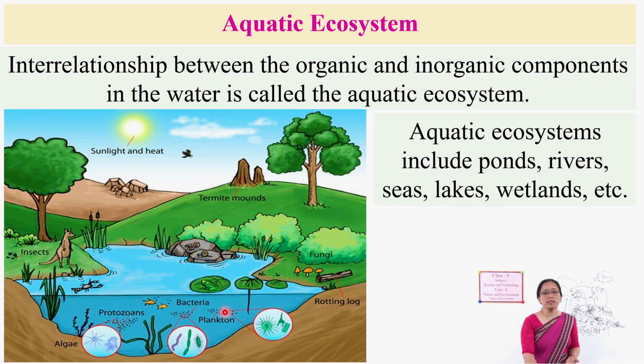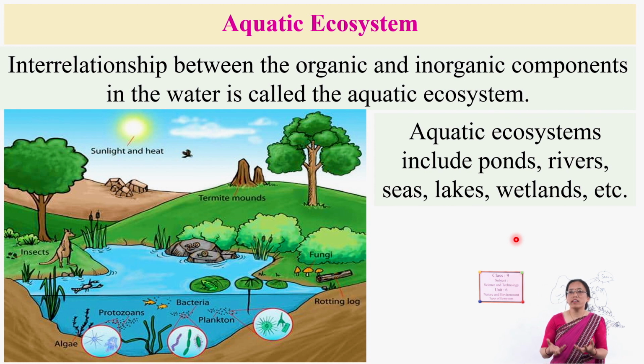And in this aquatic ecosystem, just like in the terrestrial ecosystem, there are various conditions in various areas, and various kinds of organisms are growing. Here also, based on the places, whether pond, river, lake, sea, ocean, wetland, etc., their conditions are different, the temperature is different, the minerals or nutrients found in those places are different.